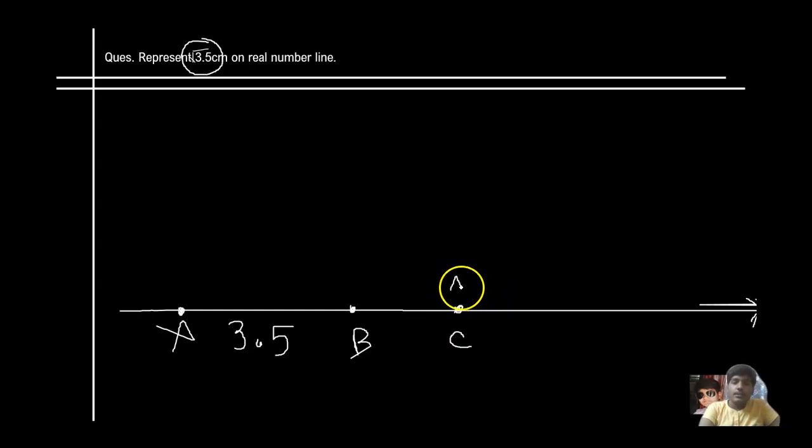So this is 1 centimeter, and BC's length becomes 1 centimeter. So repeating it again, AB's distance is 3.5 centimeters and BC's distance is 1 centimeter.